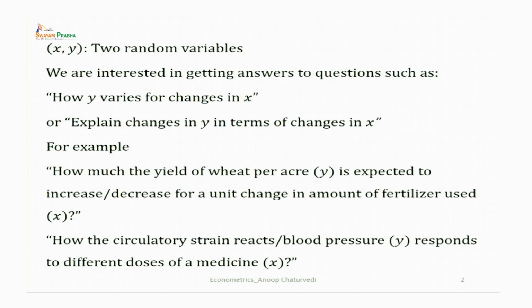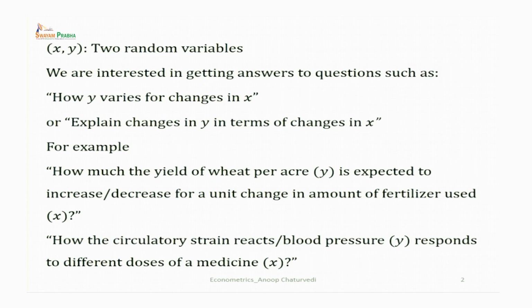So, we presume that y is affected by the changes in x, and this is our objective, to observe how y is going to change with x, and then we have to explain the changes in y in terms of changes in x.